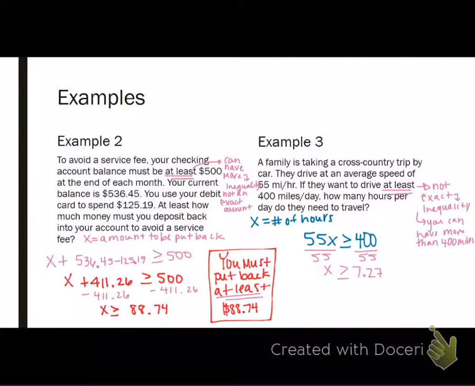Okay, really quickly here. This is not 7 hours and 27 minutes. It's 0.27 of the 60 minutes, right? You would have to do 0.27 times 60. So don't tell me this is 7 hours and 27 minutes. That's not true.